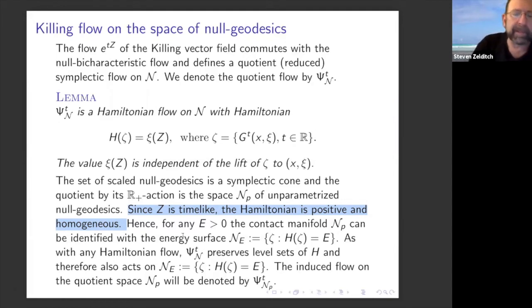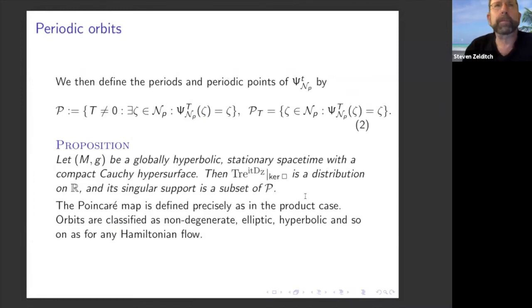You can make identifications, I'm not going to say that right now, but there are ways of identifying this. So periodic orbits just mean that this is the Killing flow, and zeta is a null vector, a null geodesic. And if the Killing flow translates that null geodesic into itself, then that's a periodic orbit at time capital T.